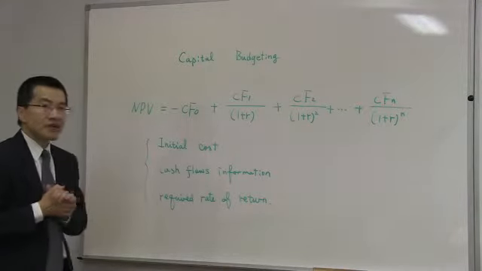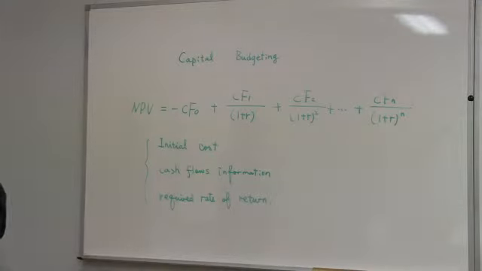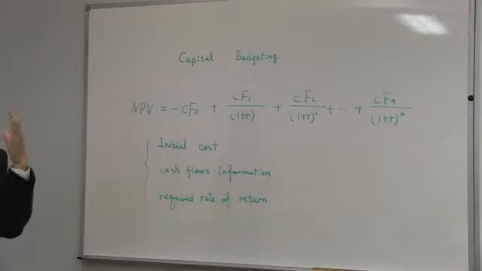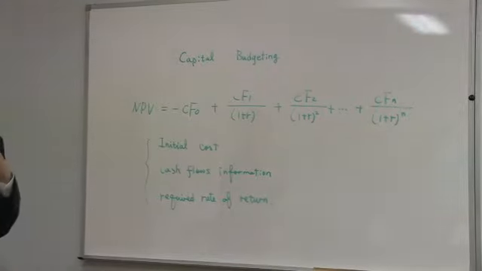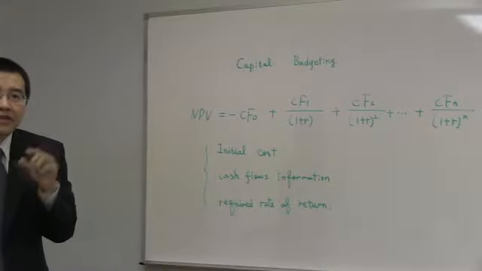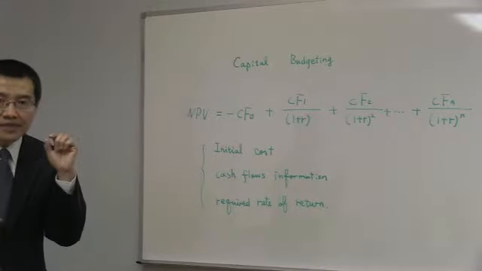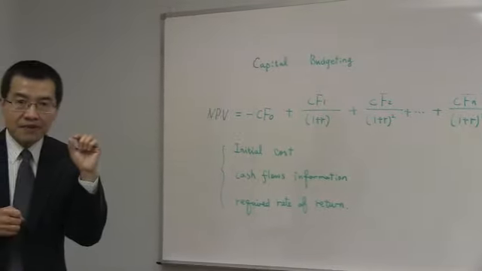And the last one is the required rate of return for this project. The required rate of return is determined by two criteria. The first one is the cost of capital for the company. That is, if I get the money from someone else, how much do I need to pay? The second part is the risk level associated with the project.